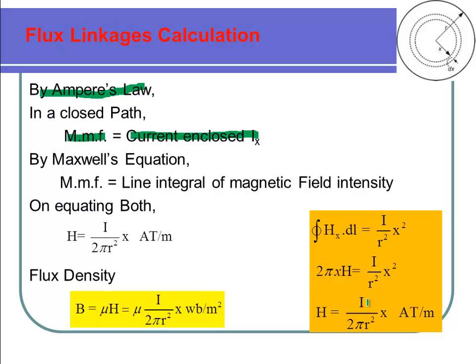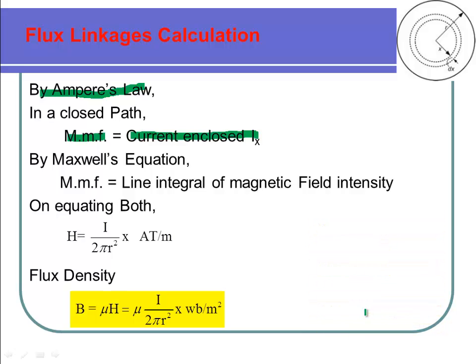Now from this magnetic field intensity, we calculate the flux density B. Flux density B equals mu H. Mu is the permeability of the conductor, and we can say mu naught mu R. For non-magnetic material, mu R equals 1, so we can neglect mu R and simply put mu naught.